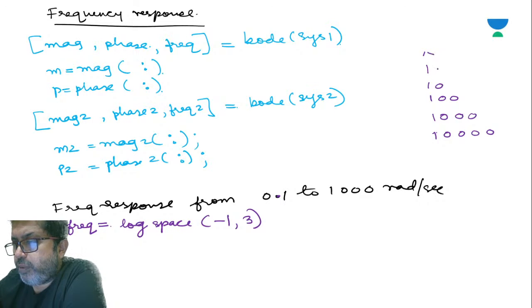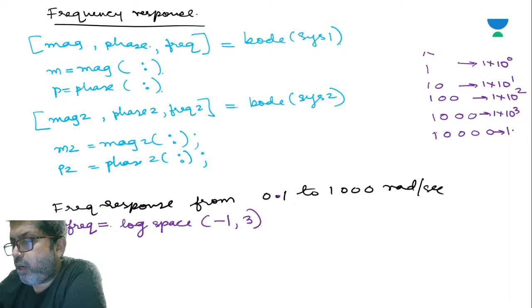This will be 1 into 10 to the power 0, 1 into 10 to the power 1, 1 into 10 to the power 2, 1 into 10 to the power 3, 1 into 10 to the power 4.